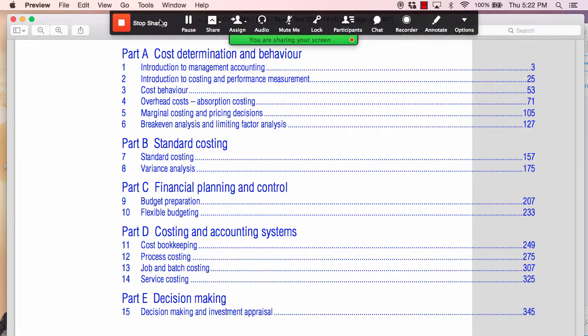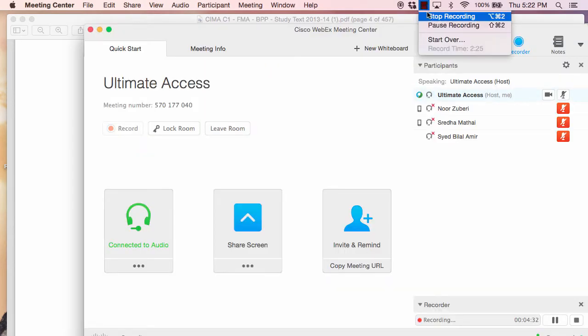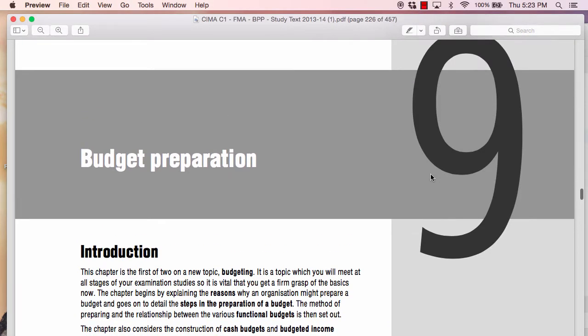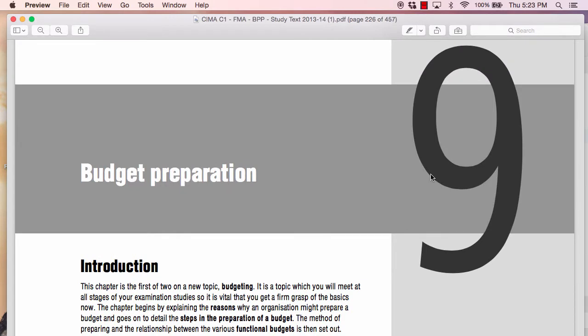Now, 1 second, I will take you there. So we start off with budget preparation, okay? And let me tell you a little bit about budget preparation and how it is applicable in real life.